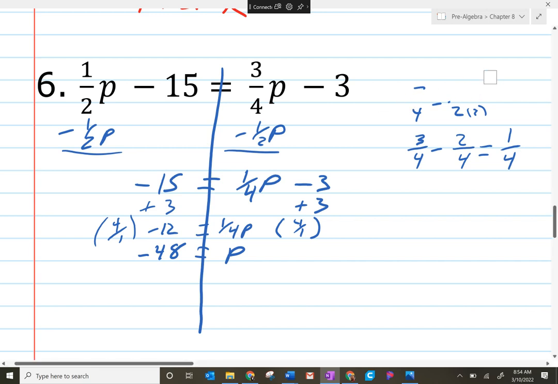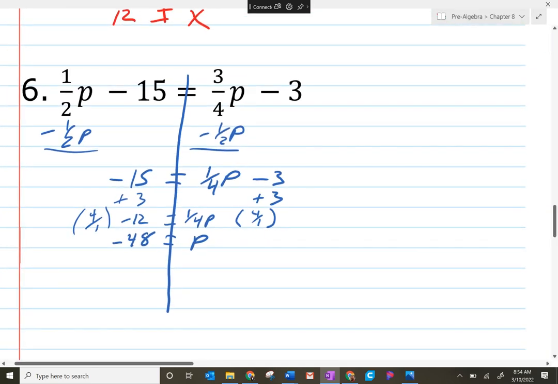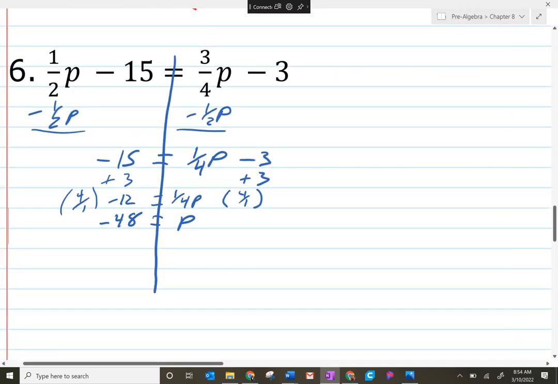For some of you, I said if you'd like to change them to decimals, sometimes that works a little bit easier. Let me show you how the decimal method works. Okay, I'm going to change these right away. I'm just going to rewrite my problem perfectly from 1/2 p equals negative 15. So let me rewrite it over here. I'm going to do a little squiggly line to show it's 2 problems. So I'm starting off the exact same way.